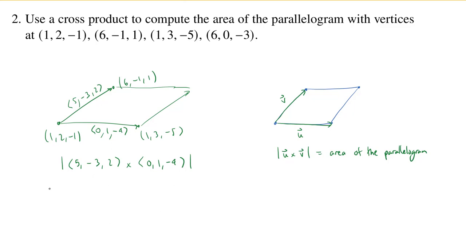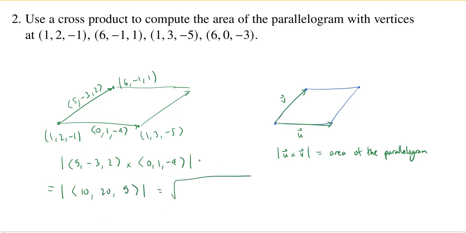So there we found this will be the magnitude of the vector 10, 20, 5. So this will be the square root of 10 squared plus 20 squared plus 5 squared, which is, let's see, the square root of 100 plus 400 plus 25, 525. And that's a pretty good place to leave that.